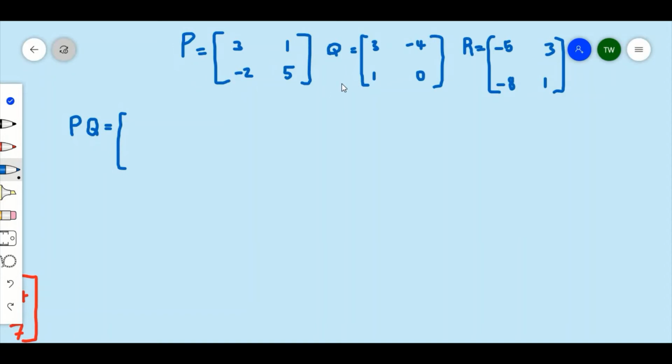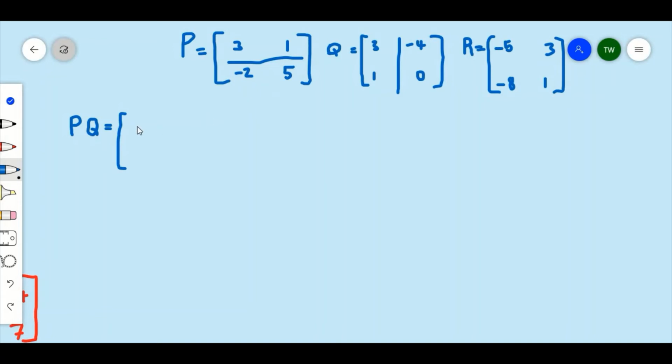So we're going to find PQ, right? So if we're going to find PQ, it's going to be row times column, and remember that we multiply corresponding elements or terms. So it's going to be 3 times this 3.